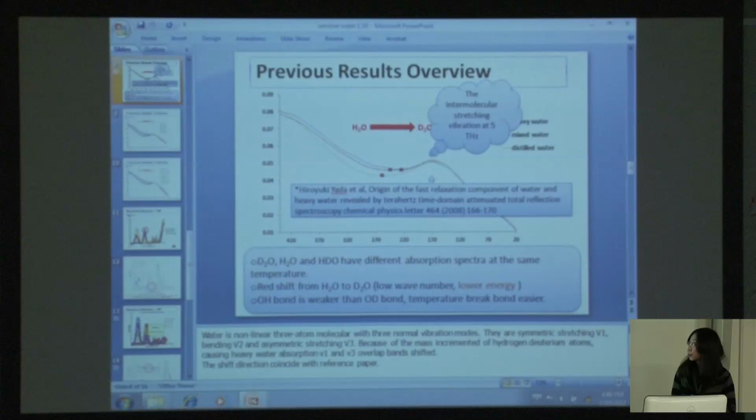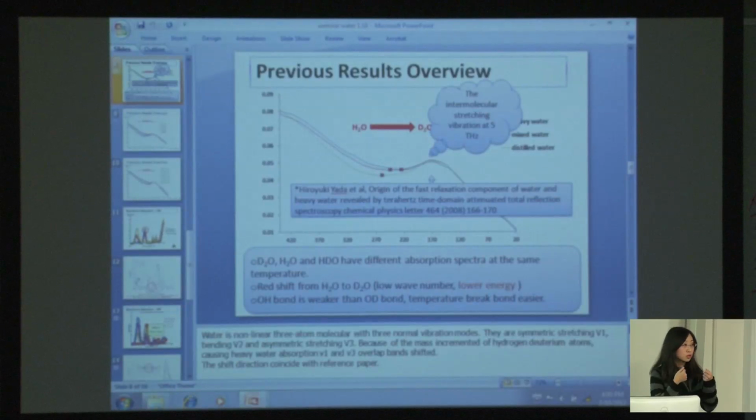And because heavy water atom mass increased about 11%, the band strength changes. It causes the overlapping band to shift. Can you understand? Because change of mass will lead to change of the stretching of the band. Stretching of the band will change the absorption.